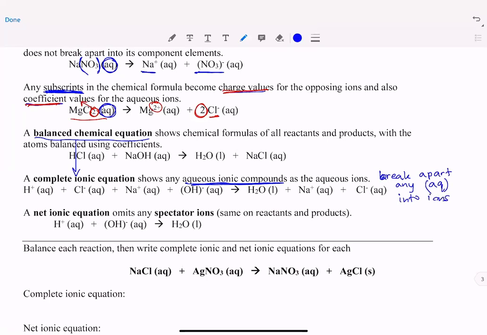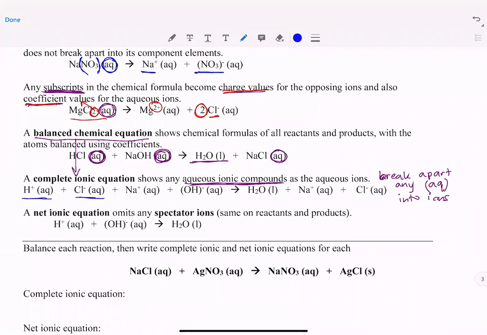Okay, so that's what we have here. In this process, let's circle in purple the physical states that are AQ. This HCl, this NaOH, and this NaCl. Anything that is not the AQ physical state, like H2O liquid, you don't break apart. Okay, so breaking this apart into the ions, this is the hydrogen and the chlorine.